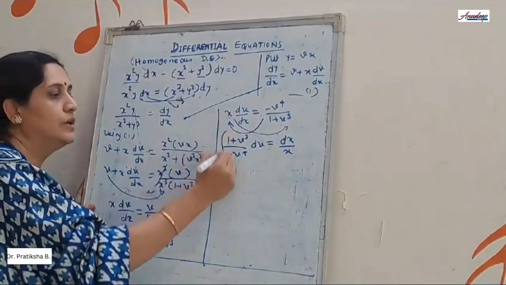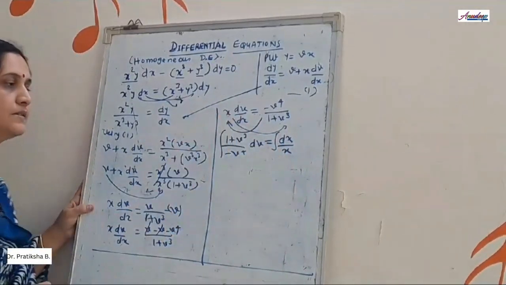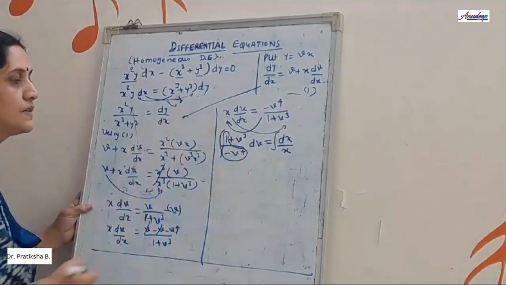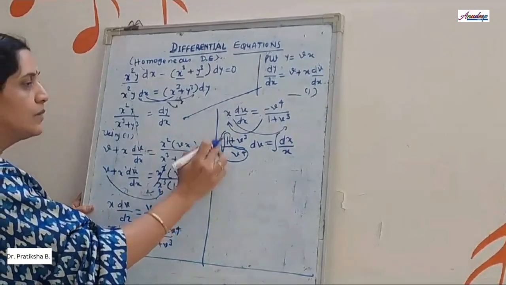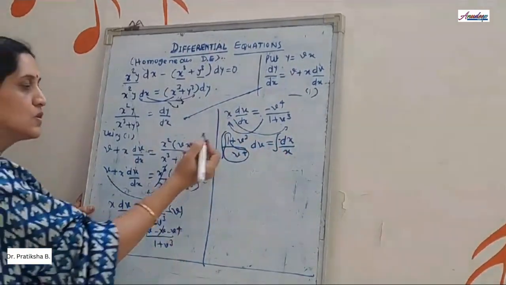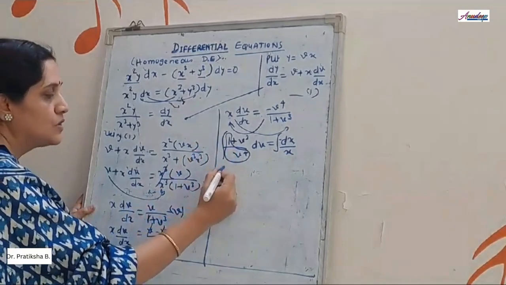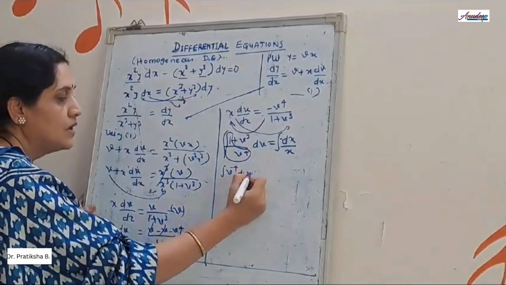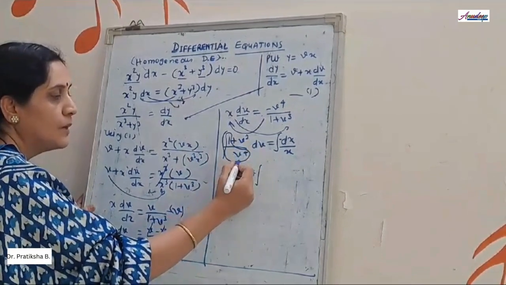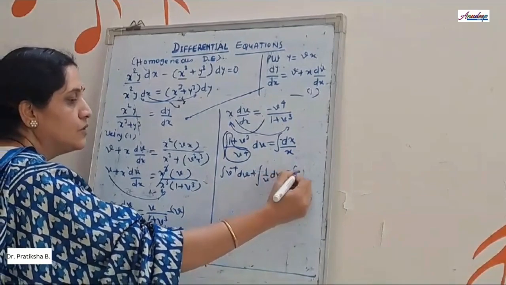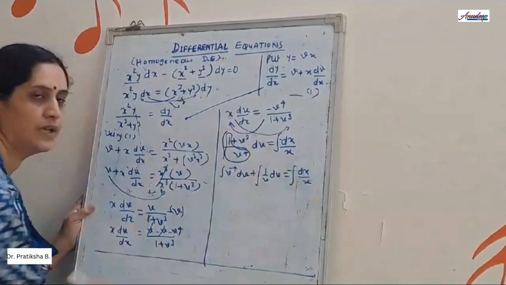And now we have to integrate both sides. Separately, 1 upon v raised to 4, that is v raised to minus 4 dv, plus v cube upon v raised to 4, that is 1 upon v dv, is equal to minus dx upon x.